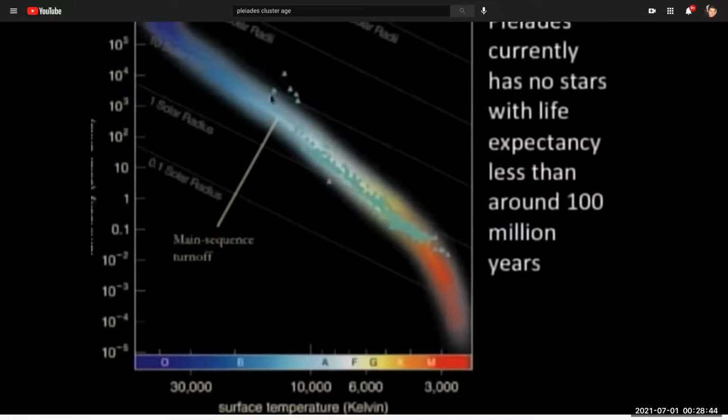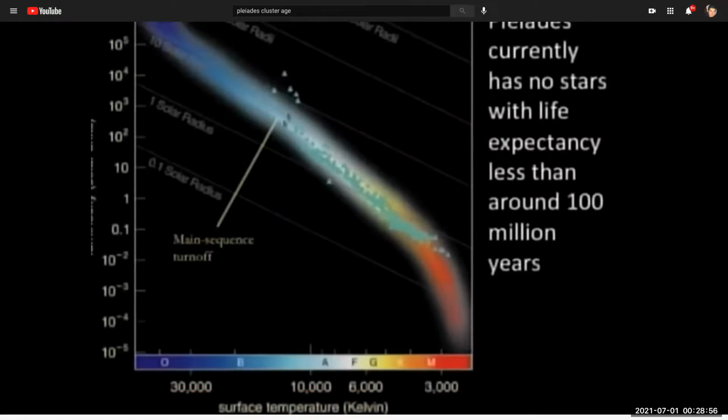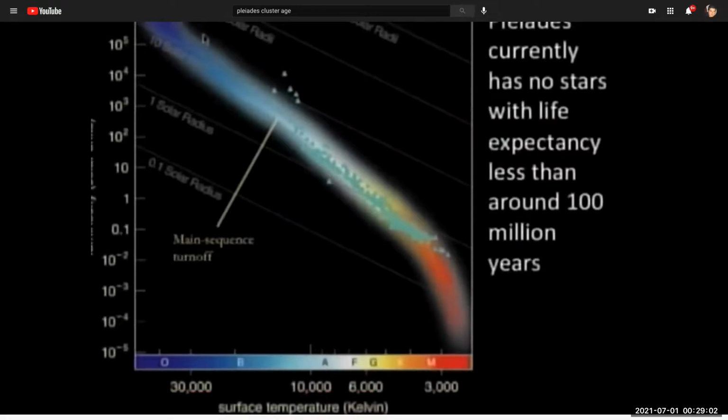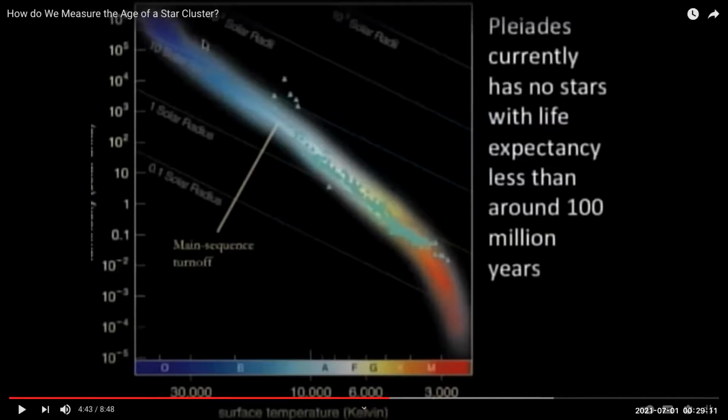As this cluster gets older and older, these stars are going to die, so they're going to move away from here. And then the colder stars are going to die and die and die. So the fact that we don't see bright O and B stars tells us that this cluster has had time for all the O and B stars to die.